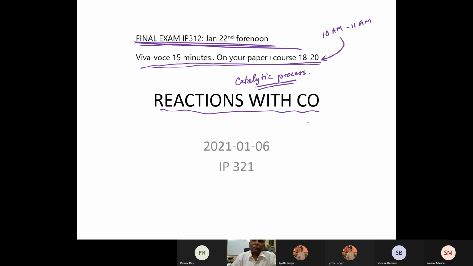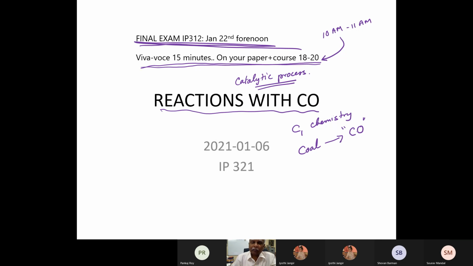It belongs to a class of reactions which are called C1 chemistry. C1 chemistry is important because one of the chief sources of carbon is coal, and coal is converted into a useful form, carbon monoxide. Through controlled oxidation of coal, you would get carbon monoxide.